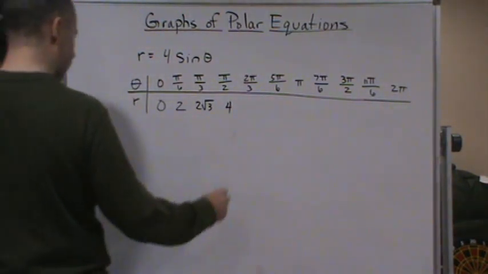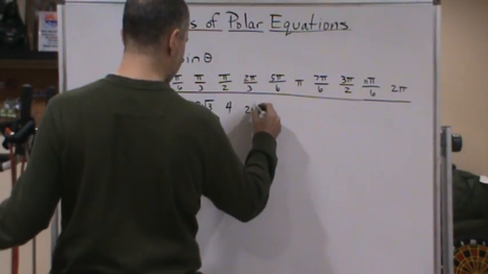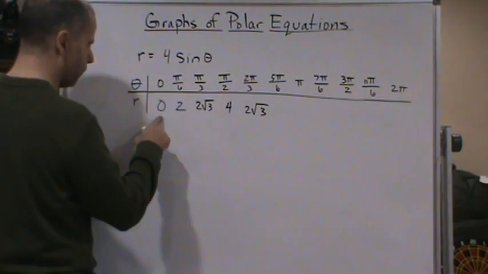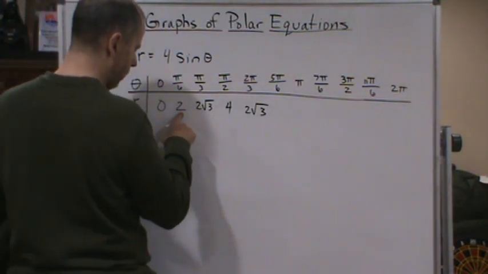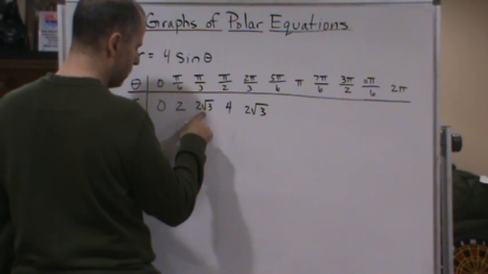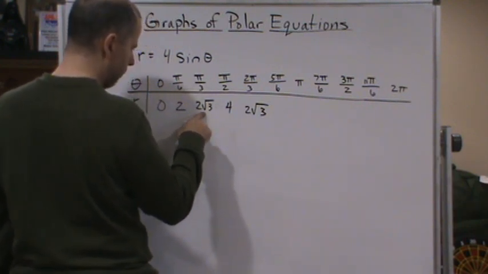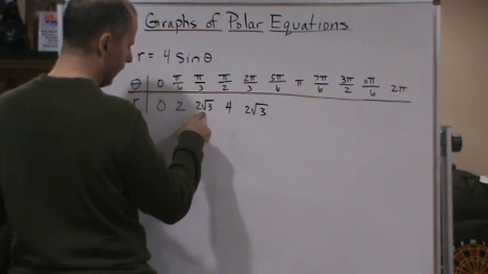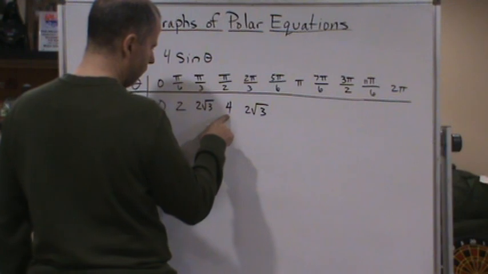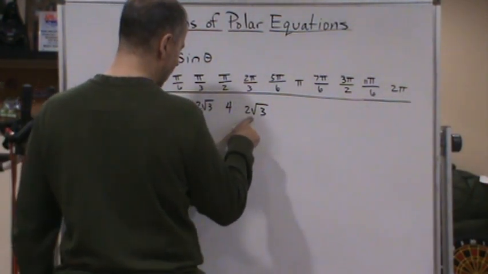At 2 pi over 3, we get 2 root 3. Notice how it goes from 0 to 2, and then something slightly bigger than 2, almost 3, I guess. Then this would be 4, and now it's going back down.